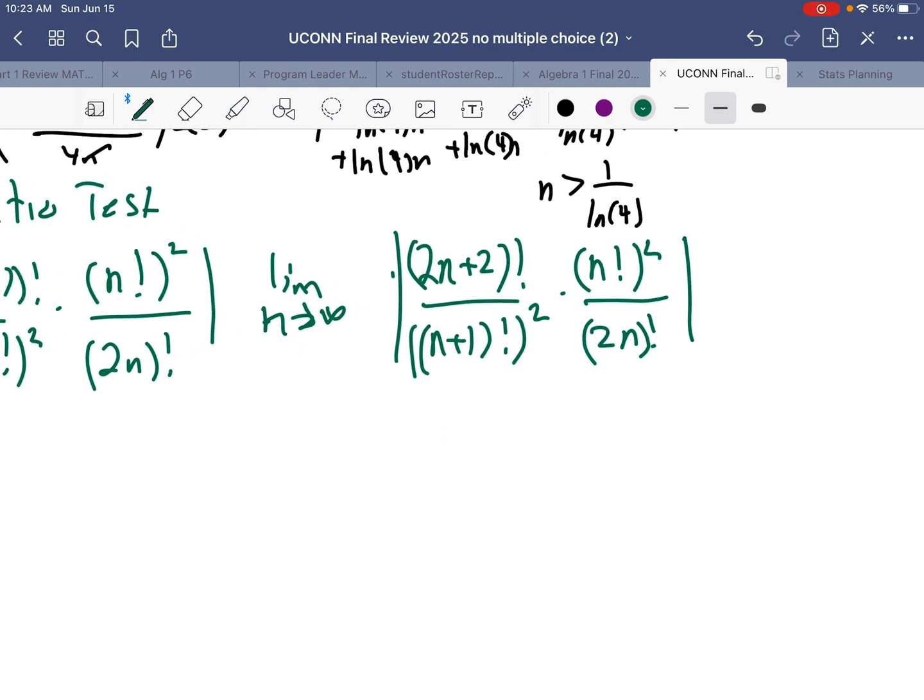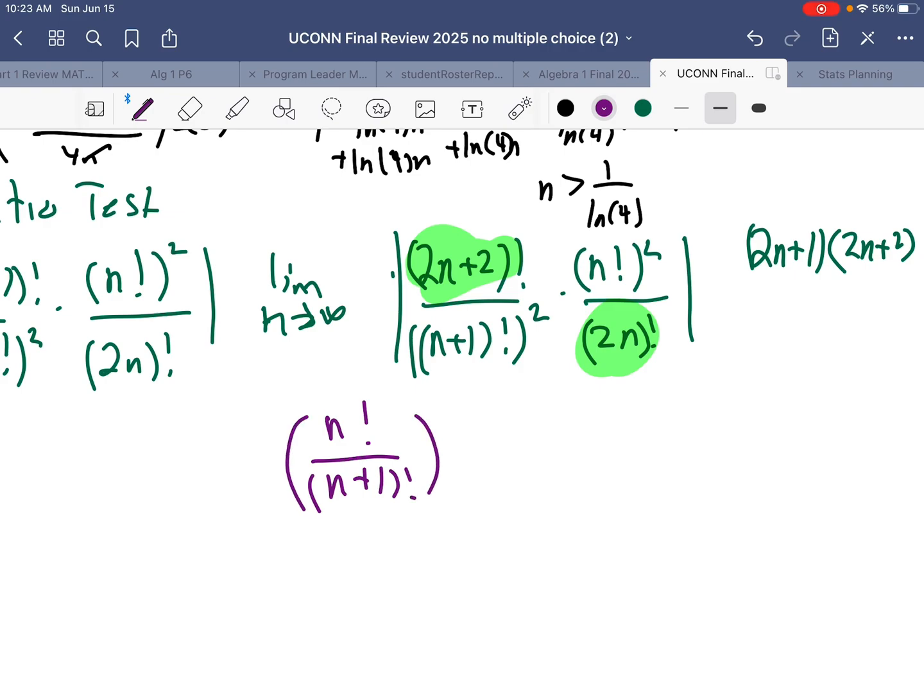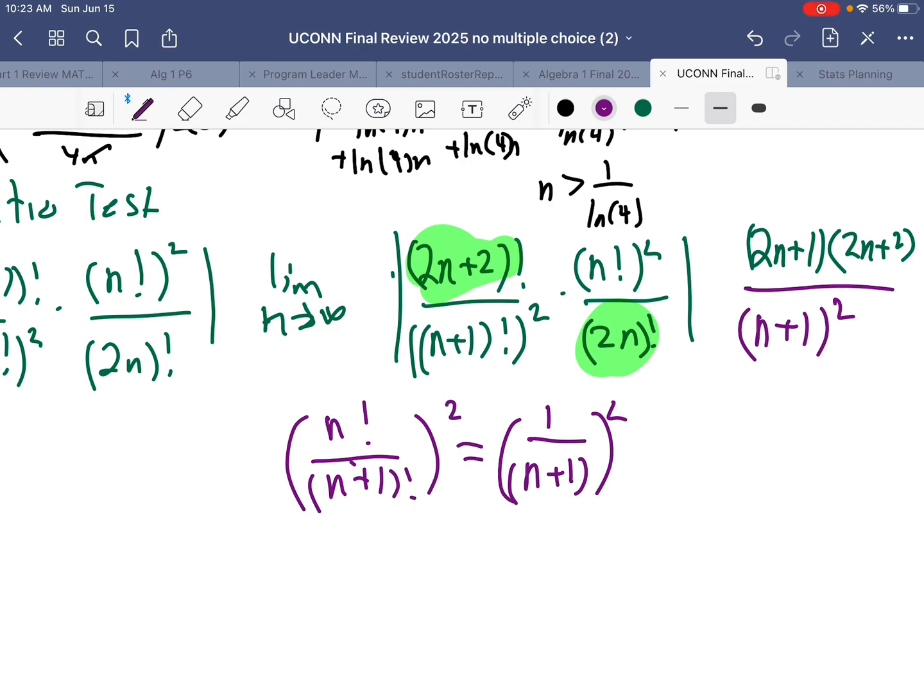With 2n plus 2 factorial divided by 2n factorial, I'm left in the numerator with 2n plus 1 times 2n plus 2. Over here, n factorial divided by n plus 1 factorial, both squared, is going to be 1 over n plus 1 squared. So my denominator is n plus 1 squared.